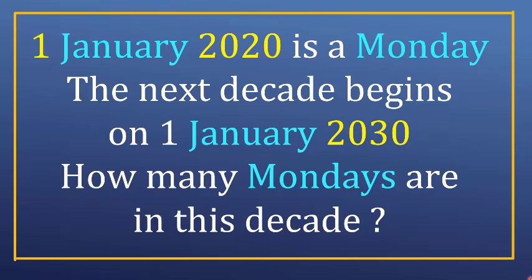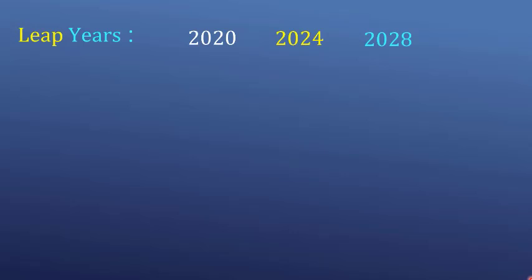So before watching the rest of the video, pause the video, try to find the answer by yourself. But if you want to solve it, you should know the leap years that are needed here: 2020, 2024, 2028. So these years have 366 days, but all other years in this decade have 365 days except these 3 leap years.